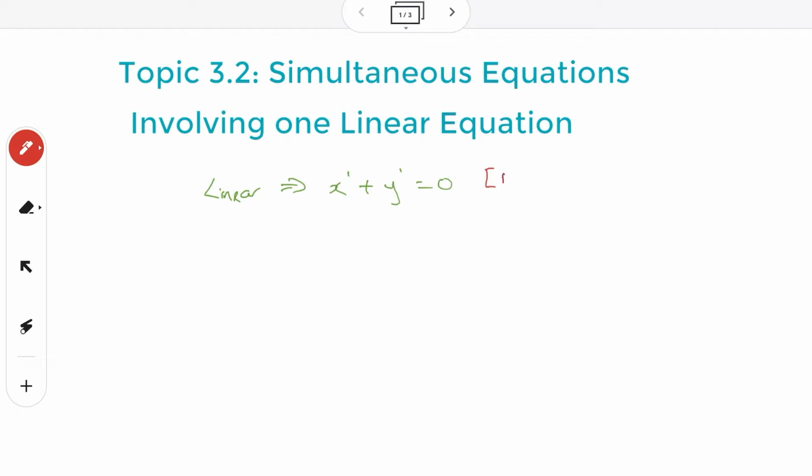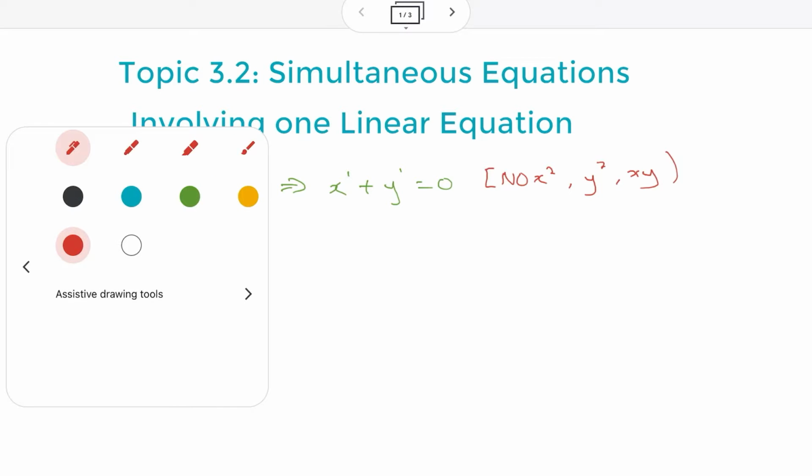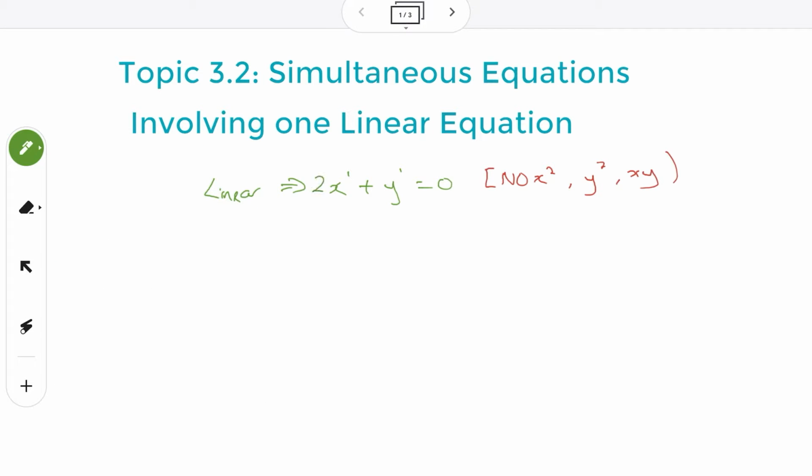And there is no x squared, there is no y squared, and there is no xy in the equation. Sometimes you have 2x, sometimes you have 3y, but the power of the x and y usually is only 1. Non-linear equations, as you may have guessed, are equations which do contain x squared or y squared or xy.